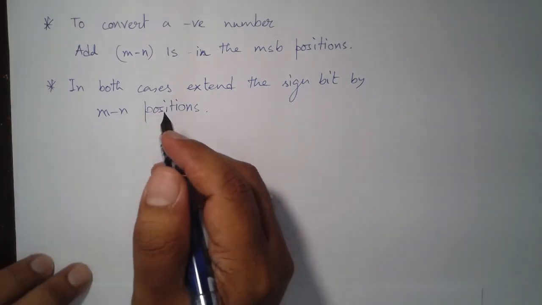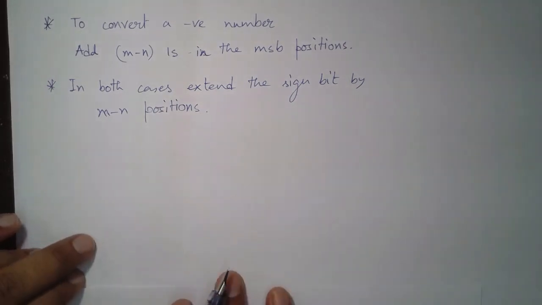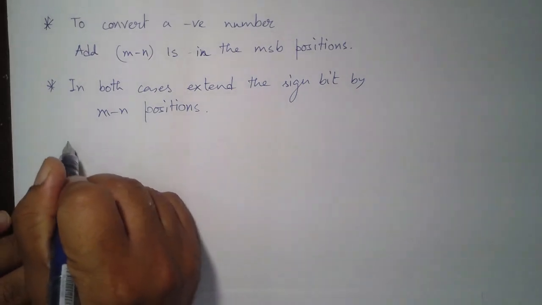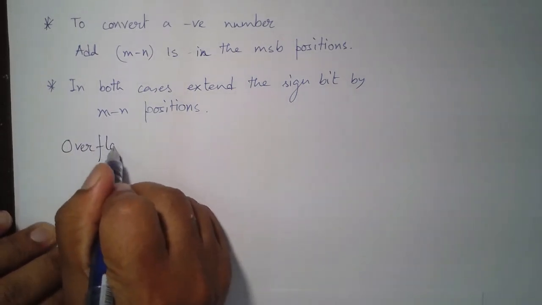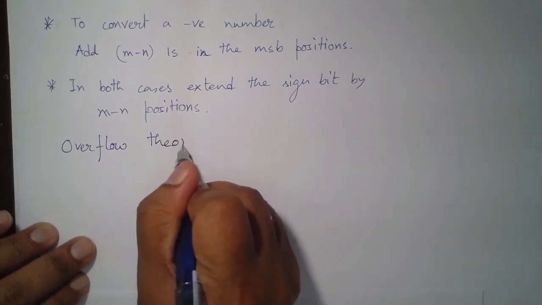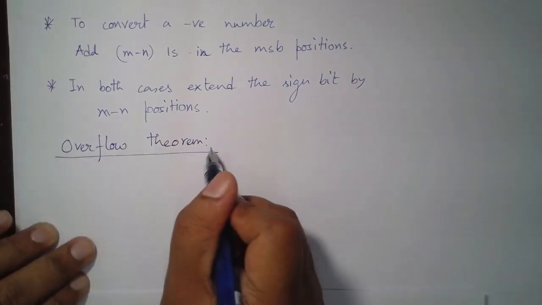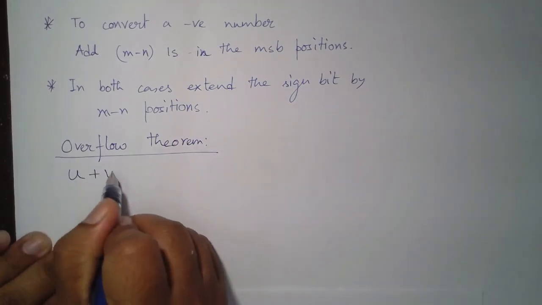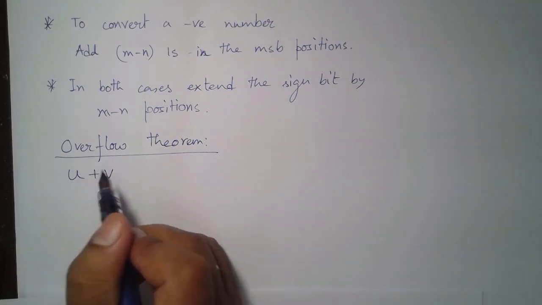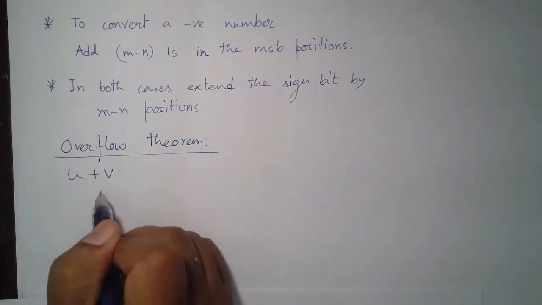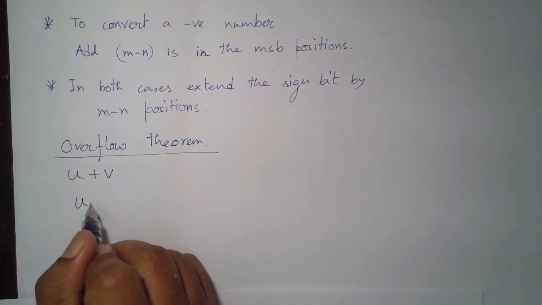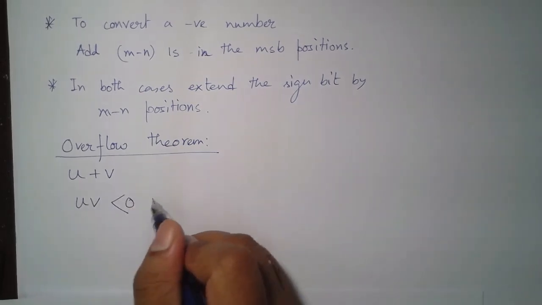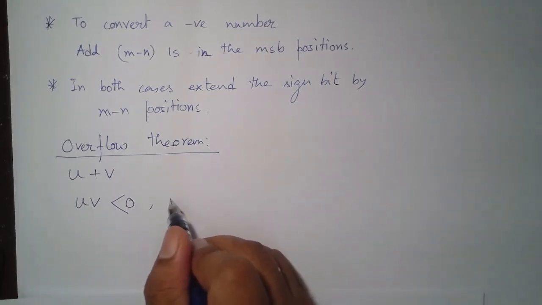Now the last thing we would like to discuss about the negative integers is the overflow theorem. So the overflow theorem says that if you need to add two numbers u and v, and these numbers u and v are such that the product of u and v is less than 0, then there will never be an overflow.